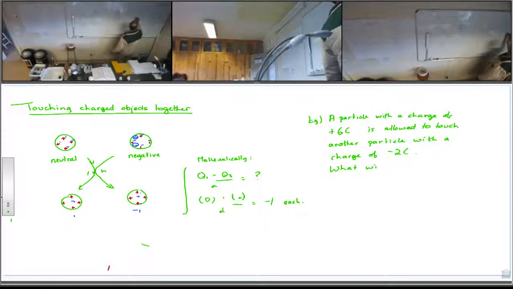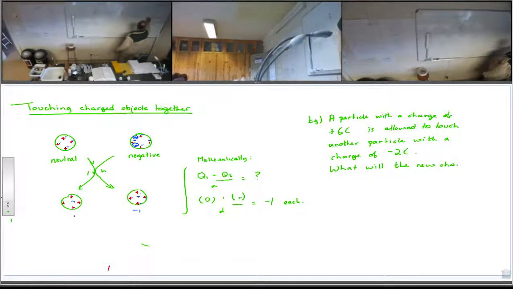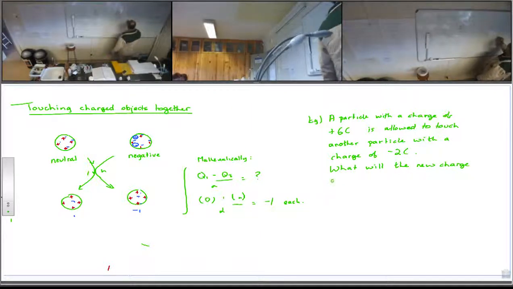What will the new charge on each particle be once they're separated?